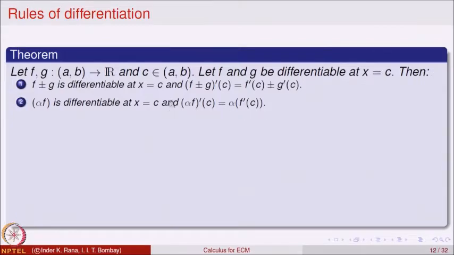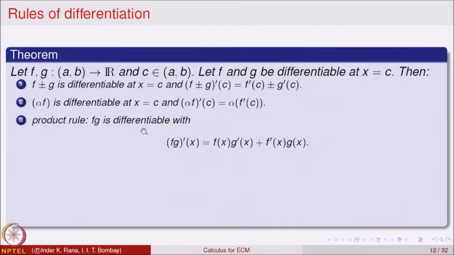So, alpha comes out. These two properties essentially say that differentiation is a linear operation. The derivative of a sum is the sum of the derivatives. If we multiply by a scalar and take the derivative, that is equal to the scalar multiple of the derivative.